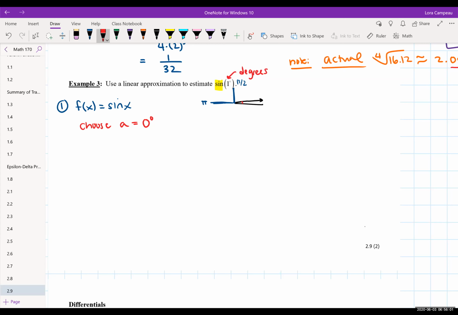So if that is the case, we can evaluate. We have f of a. So f of a is sine of 0 degrees.